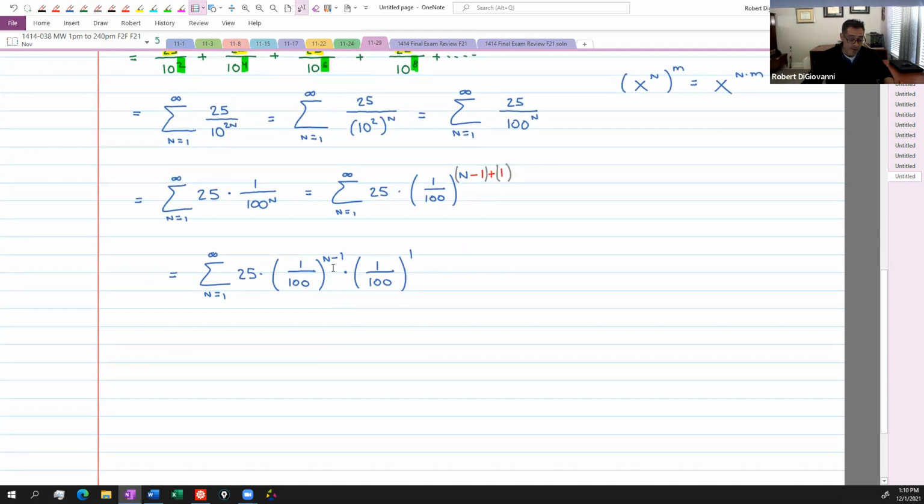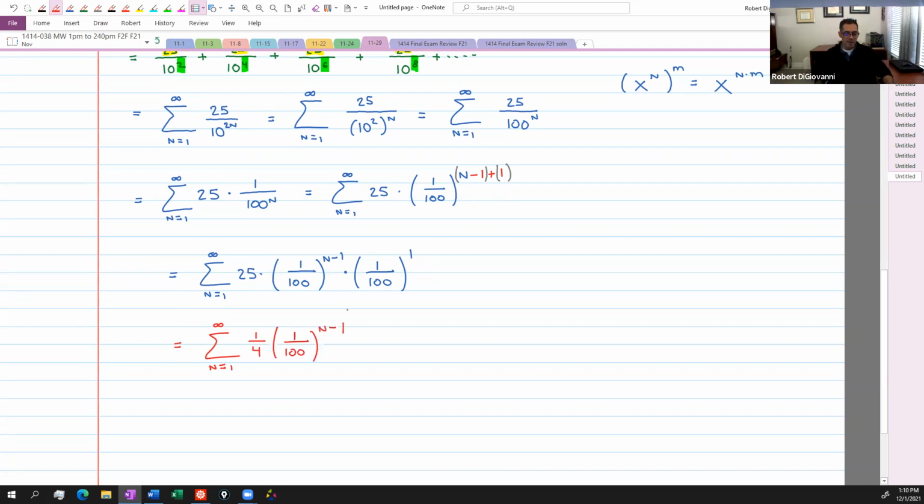Now I have the n minus 1. 1 over 100 to the 1 is just 1 over 100. And I'm going to move this out underneath the 25. And when I put the 100 under the 25, it reduces to become 1/4, then 1/100 to the n minus 1. And I am there.